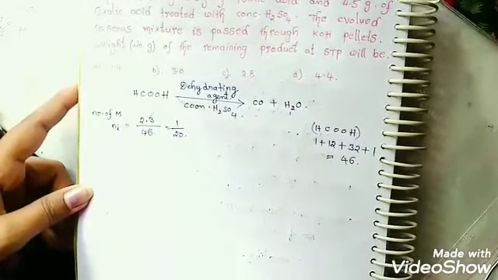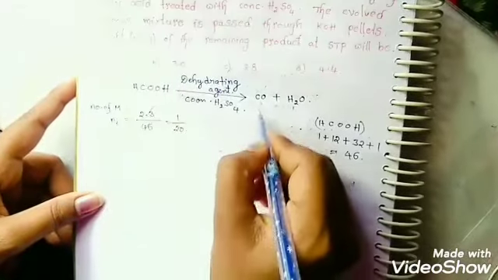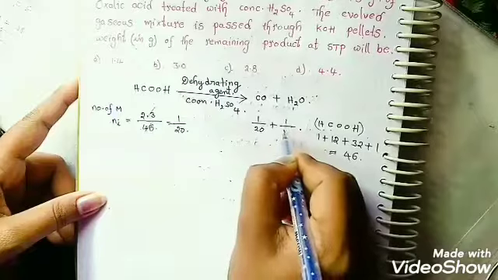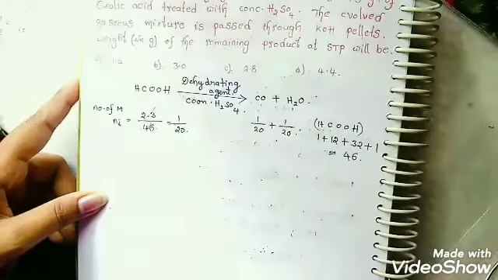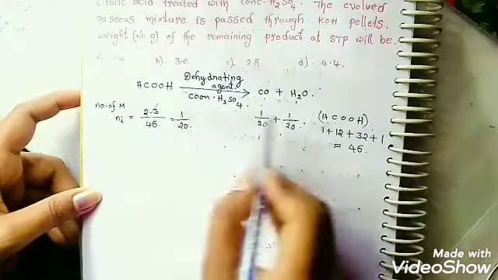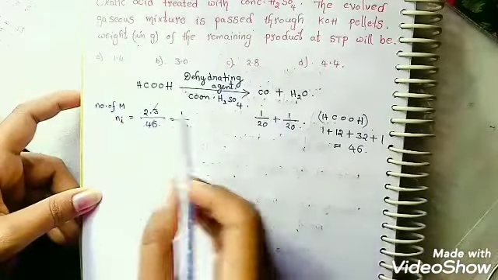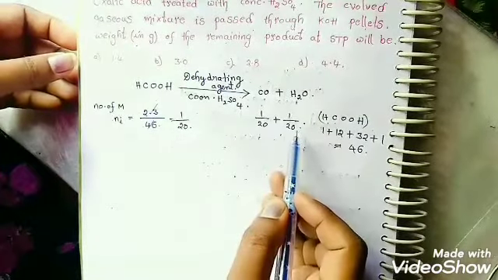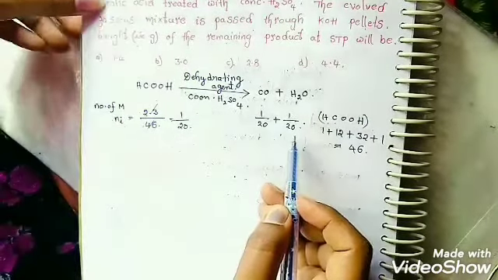So according to the law of conservation of mass, for CO also you should get 1 by 20, and for H2O also 1 by 20. According to the law of conservation of mass, on both sides the mass of the products and the mass of the reactants must be the same, so you should take 1 by 20 like this.